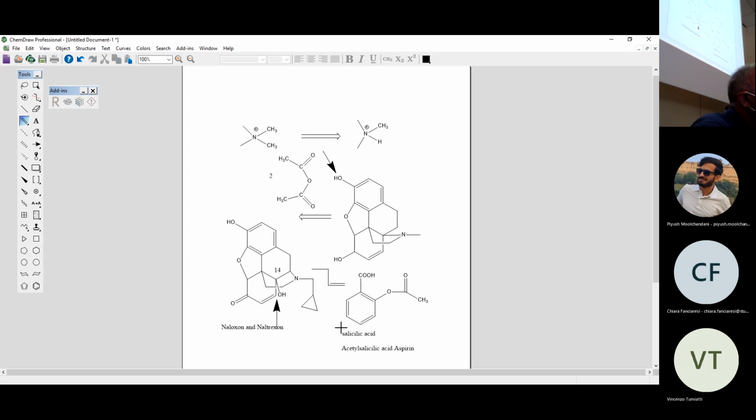In part, yes? Does it mean it can be used in cases of overdose? Yeah. We can use this compound in the case of overdoses to prevent the inhibition of the respiratory centers.